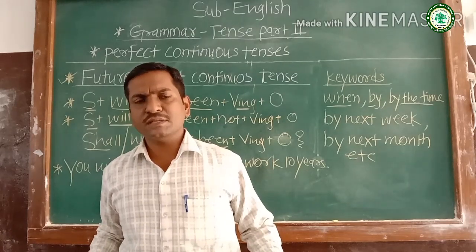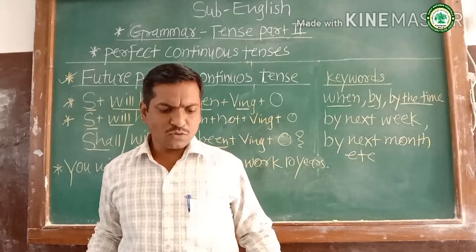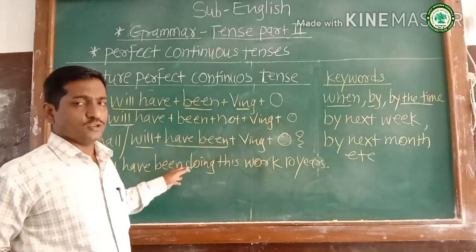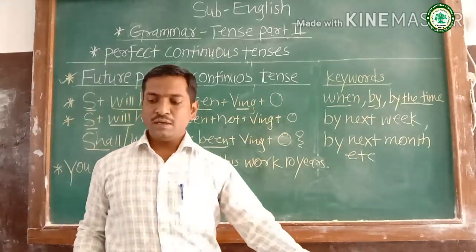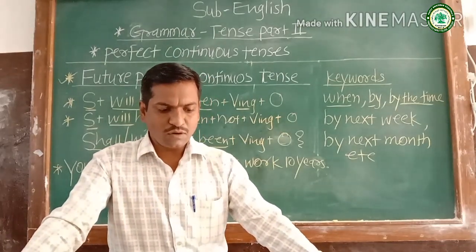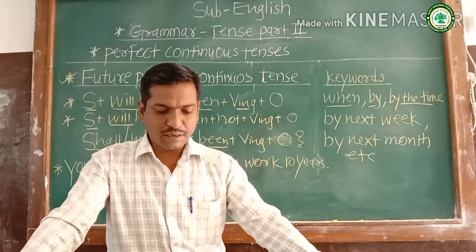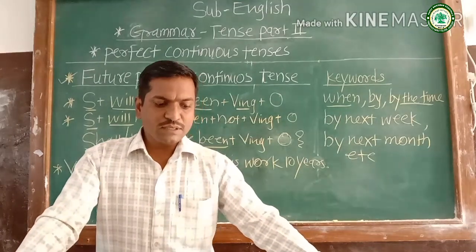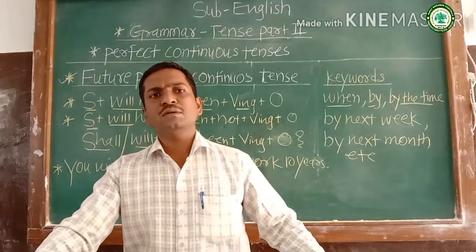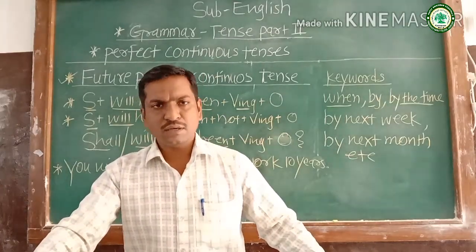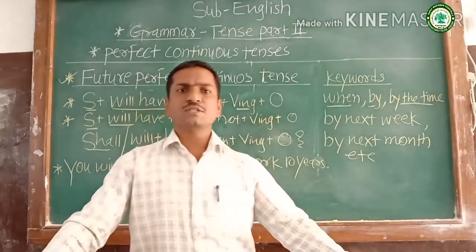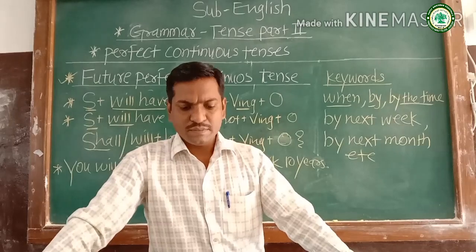But in order to know the affirmative structure, negative structure, question structure of this tense and an example, I have told you the structures of this tense and one example. We use this tense when we are talking about some action in the future that will continue for a long period of time.